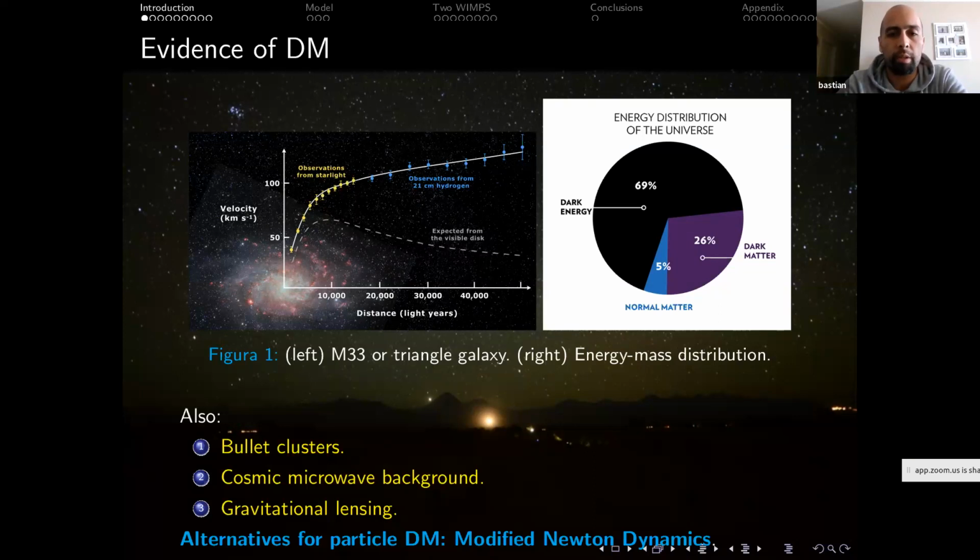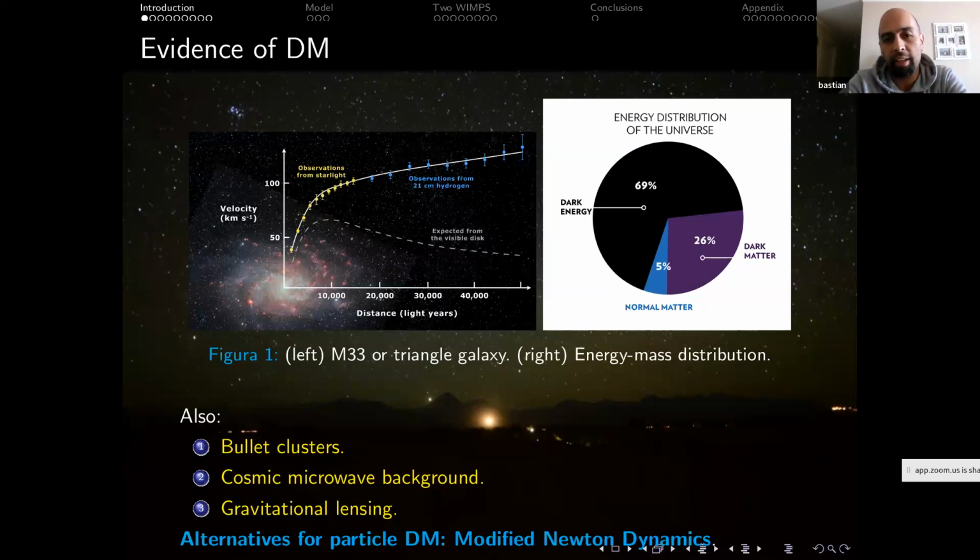The rest is what is called dark energy, and it is more responsible for the expansion of the universe. And of course, there is other evidence: bullet clusters, cosmic microwave background, the matter power spectra, gravitational lensing, that guide us to think in what is called dark matter.